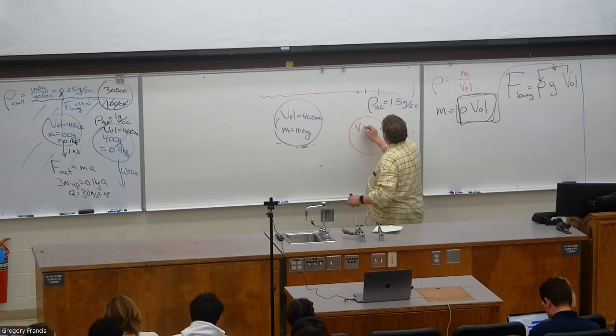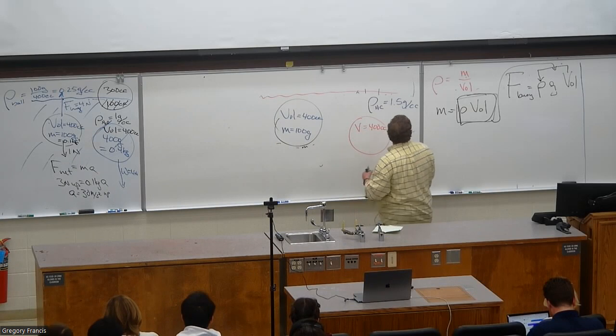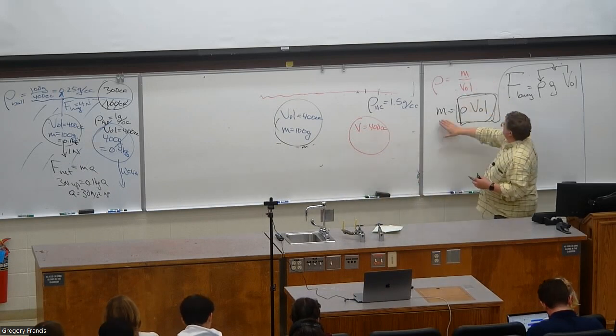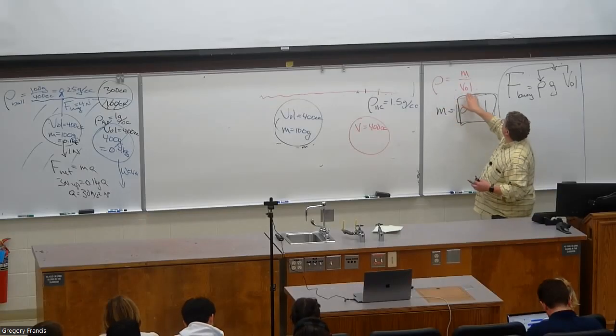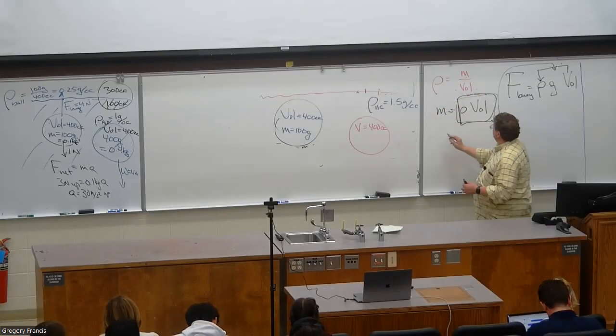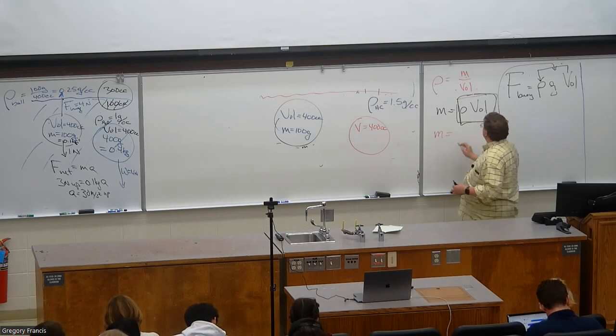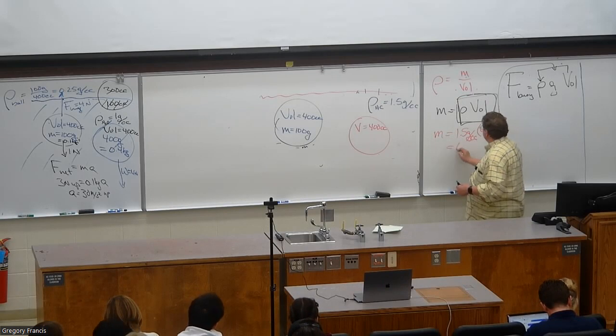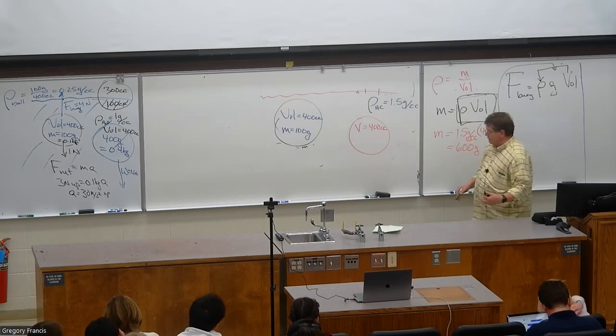So it would have a volume of 400 cc's. Then I would come to this equation here and rewrite it by multiplying both sides by the volume. I would say the mass of that ball is equal to the density of 1.5 grams for each centimeter cubed times 400 centimeters cubed. That's going to give me 600 grams.